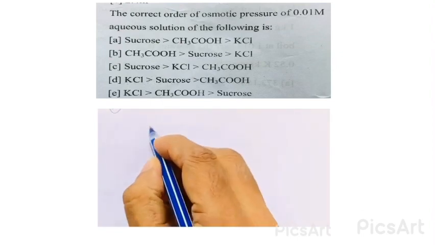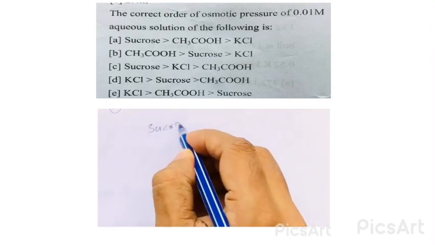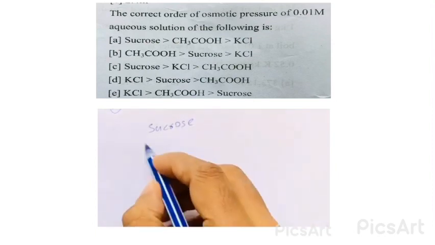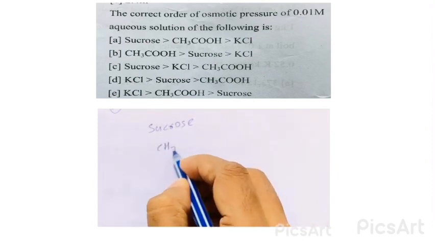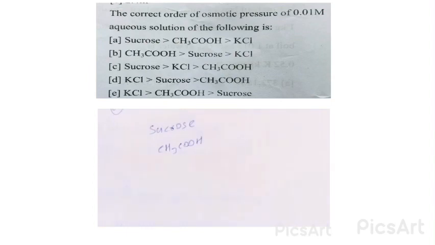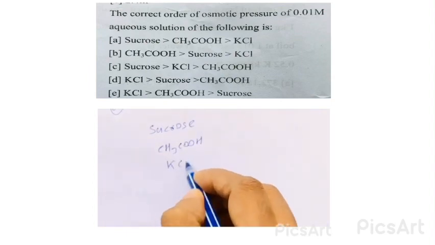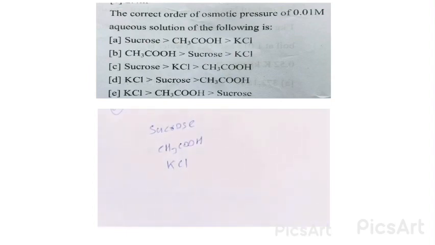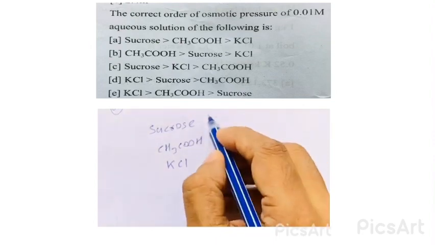In this question, we have to compare osmotic pressure of 3 solutions. One, sucrose. Another one, CH3COOH. Another one, KCl. Sucrose is a non-ionic compound, so it does not undergo dissociation.